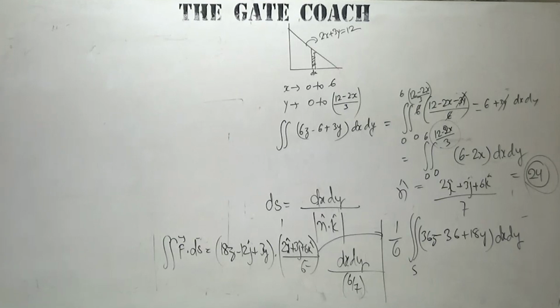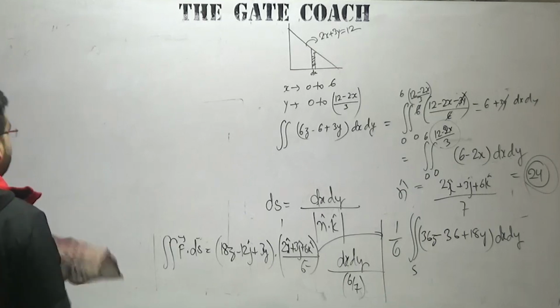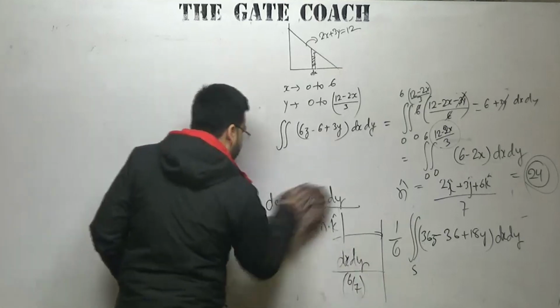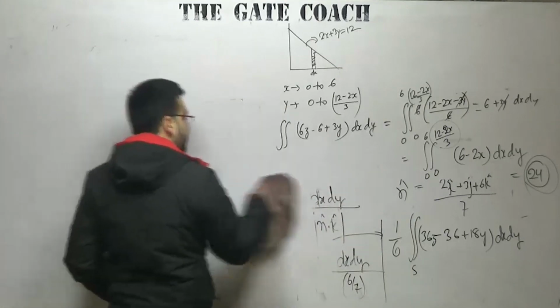Similarly, we can solve the questions of volume integral or the triple integral also. I am just writing the expression, not writing the whole thing, for the triple integral that we have already discussed in the class also.